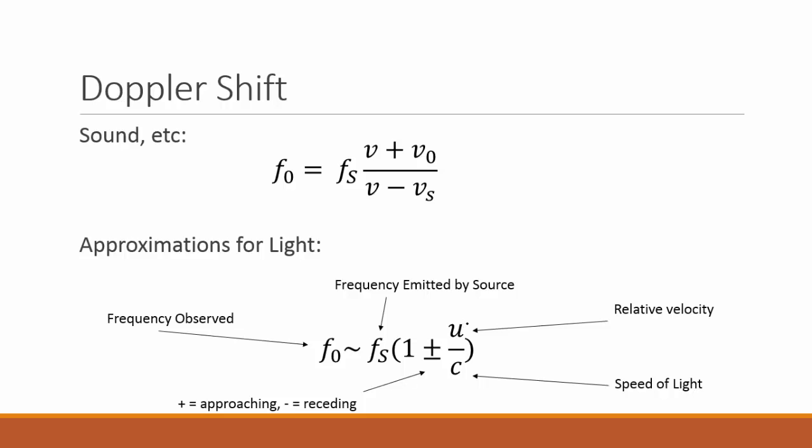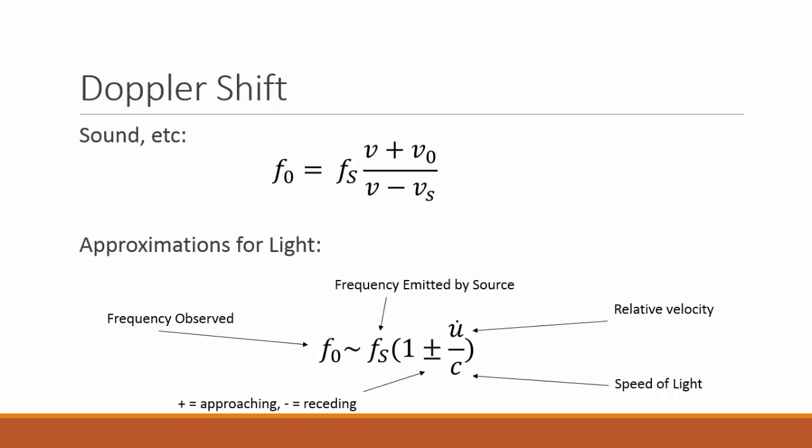And that small number is going to be the relative velocity, so that's how many meters per second you are approaching or receding from the source. And it doesn't matter if the source is moving towards you or you are moving towards the source. You just have to use some combination of that.